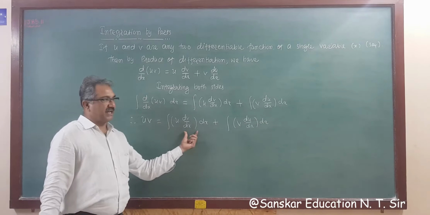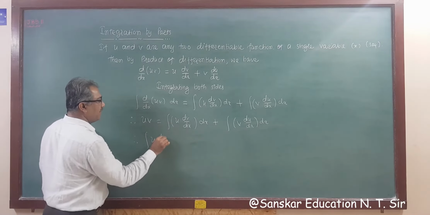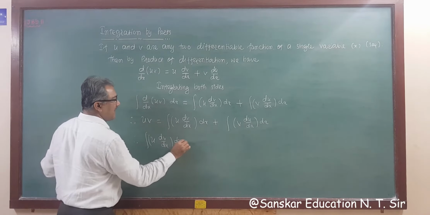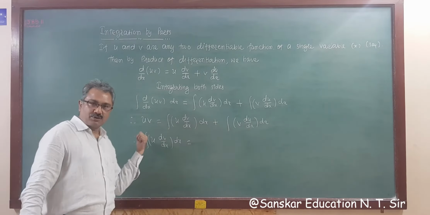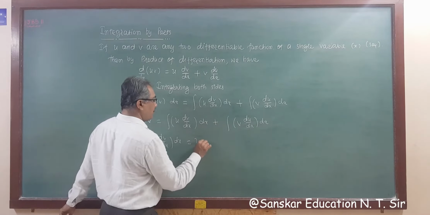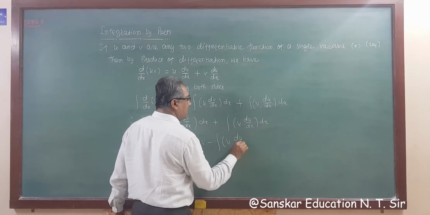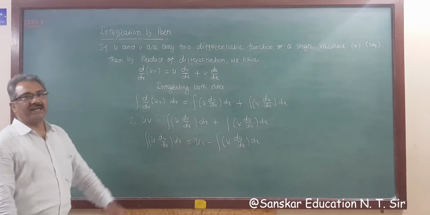Making the first integral the subject, what we get? Therefore, integration of u dv/dx dx is equal to uv minus integration of v du/dx dx, taking this to the left hand side, right?